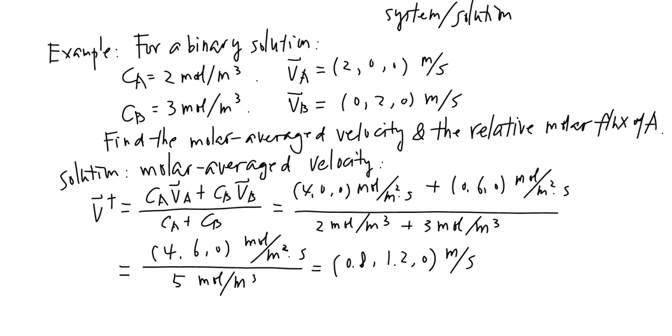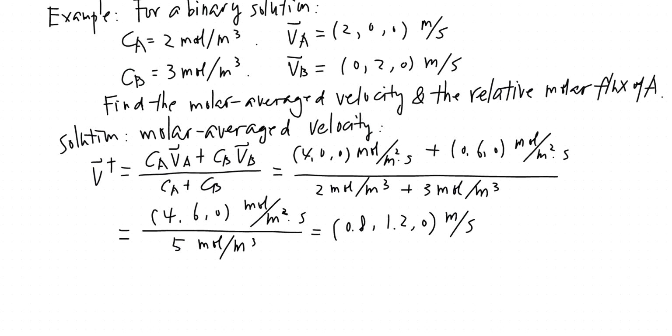Now we need to find the relative molar flux of A. The relative molar flux of A is JA dagger, and we had an equation for that. JA dagger is CA multiplied by VA minus V dagger. If you don't know where it is, it's in the table.